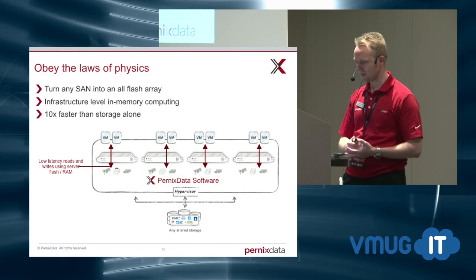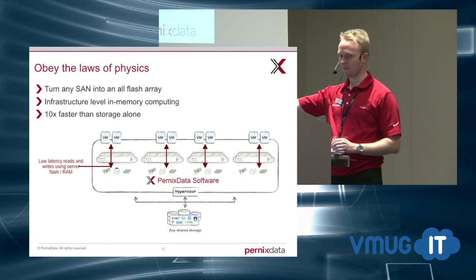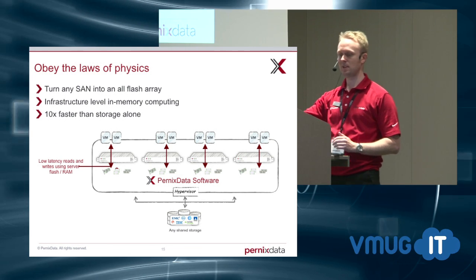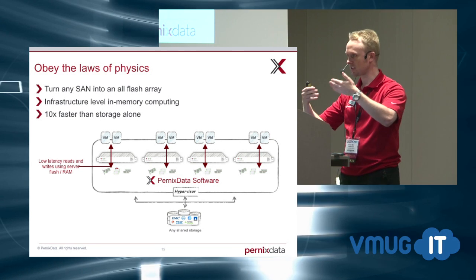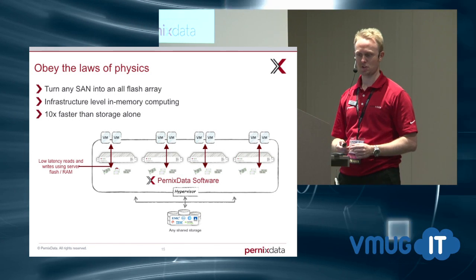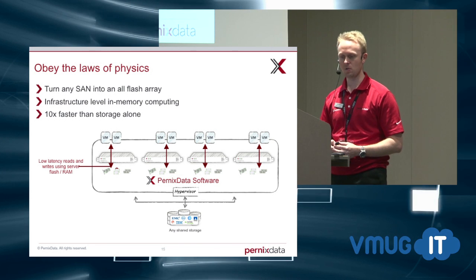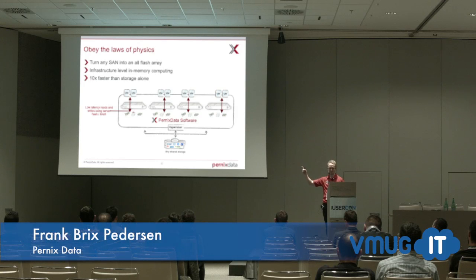Well, with the PernixData FVP software, now before Architect, now we're going to talk FVP. The PernixData FVP software is installed in the kernel, and it's the same kernel module as the Architect software, so it's only one piece of software. It's only a license question. Once we have it in the host, PernixData will let you use RAM, SSD or PCI Express flash locally in the host as a read and write acceleration cache in front of any shared storage.